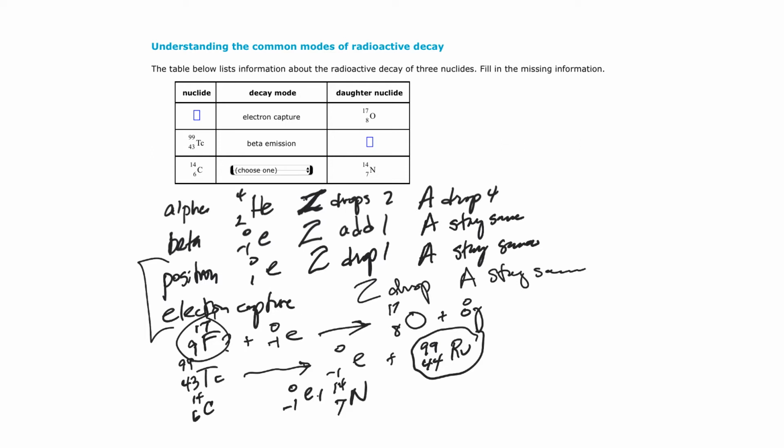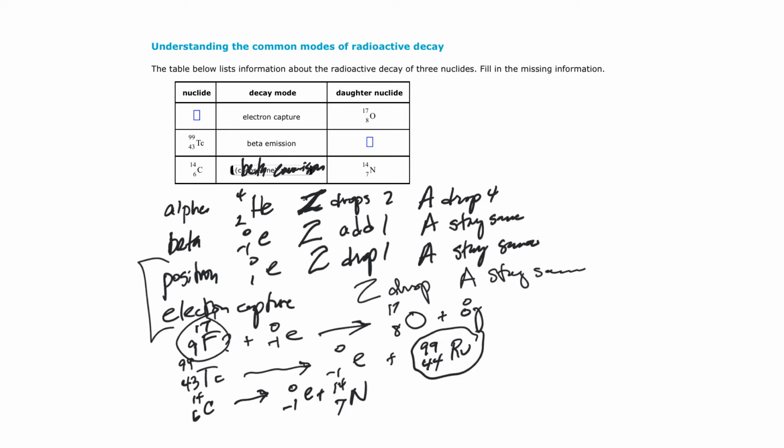So it must be an electron, -1, 0. So I would say this is beta. This is going to be beta emission.